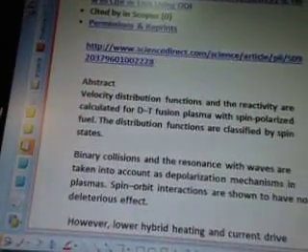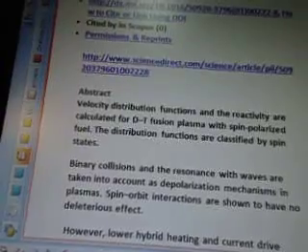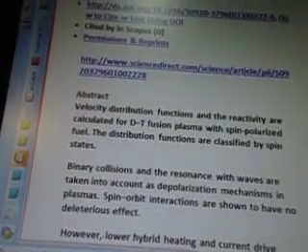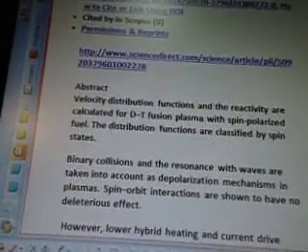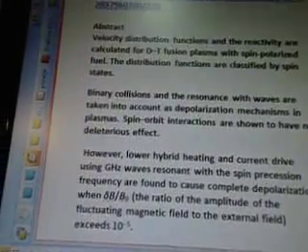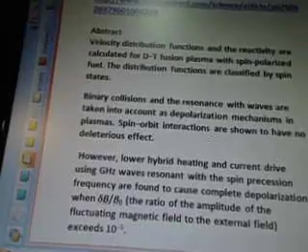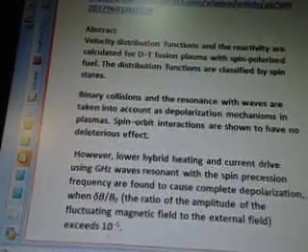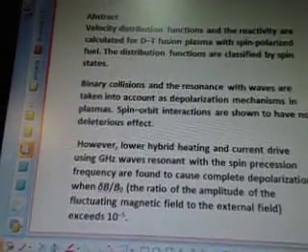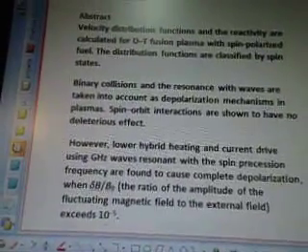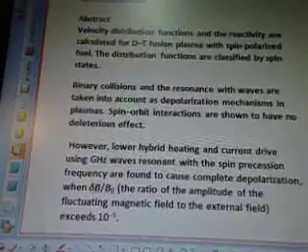So velocity distribution functions and the reactivity are calculated for DT fusion plasma with spin polarized fuel. The distribution functions are classified by spin states. Binary collisions and the resonance with waves are taken into account as a depolarization mechanism in plasmas. Spin orbit interactions are shown to have no deleterious effect.